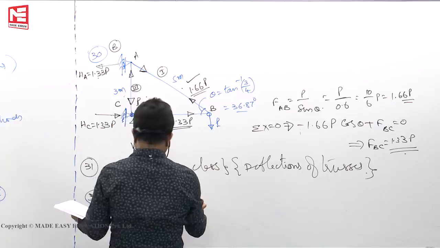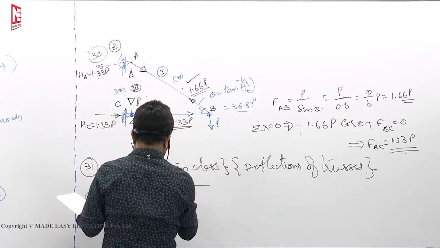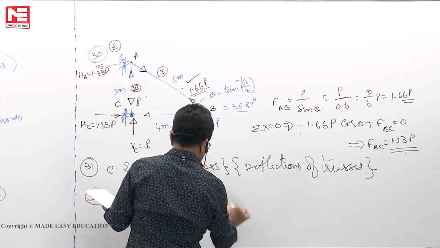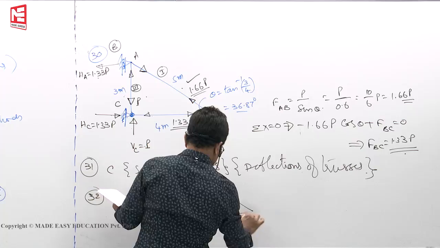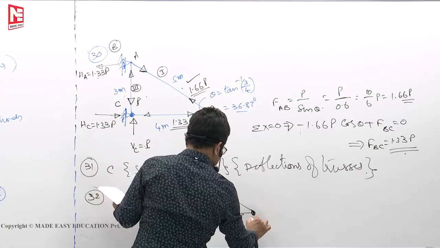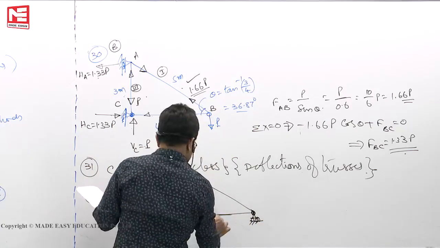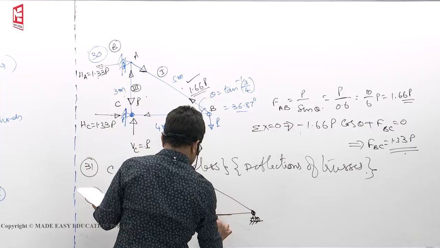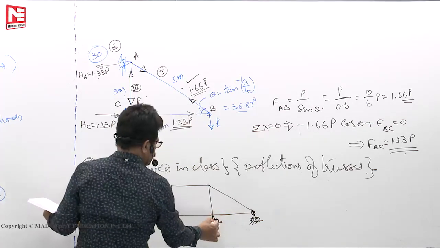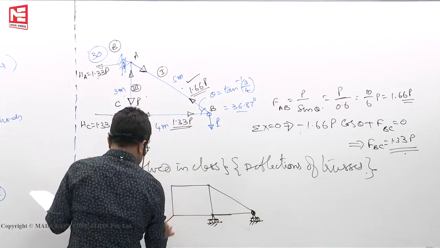See here, there is a truss like this. This is a square type. There is a roller here. Assume that roller I am showing like this. Here also there is a roller. What means a rigid jointed one kept on roller, let us say. And here there is one inclined.